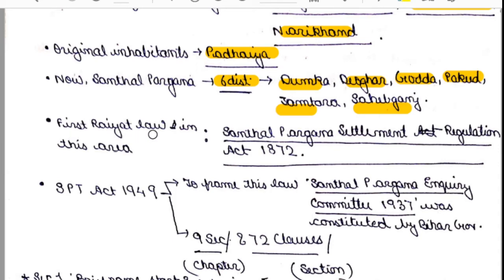The first Rayat law in this area was in 1872, and that was known as Santhal Pargana Settlement Regulation Act.